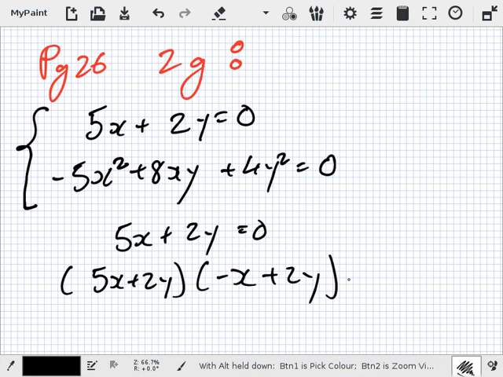No, that's wrong. Is it? 5x by minus x is minus 5x squared. 2y by 2y is 4y squared. No, this is correct. Yeah.